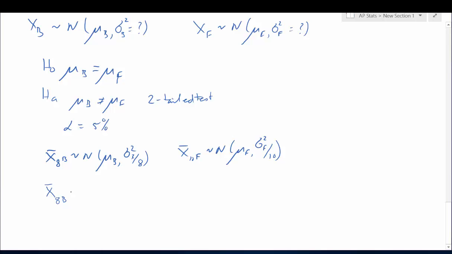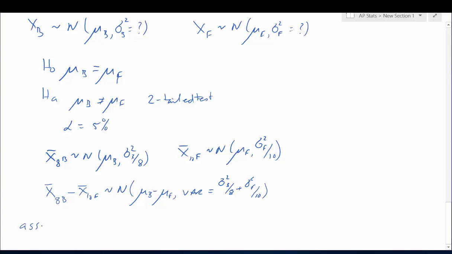So x bar 8B minus x bar 10F should follow a normal with a mean of mu_B minus mu_F and a variance equal to sigma squared B over 8 plus sigma squared F over 10.